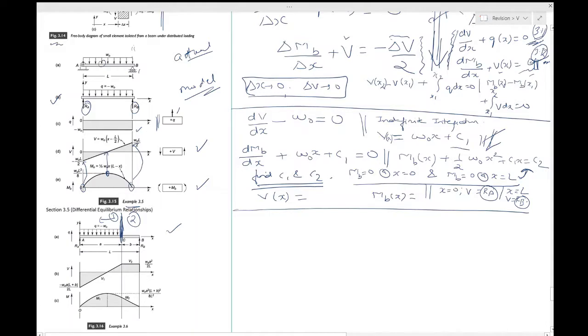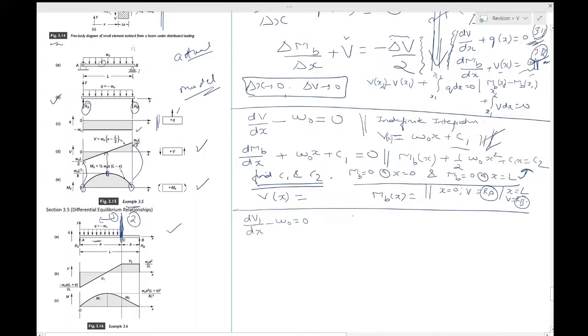Let's apply it on the first segment. I will be using a subscript of 1 to show which part I am in. So dv1 by dx, meaning the shear force in this one part, minus w naught is equal to 0.